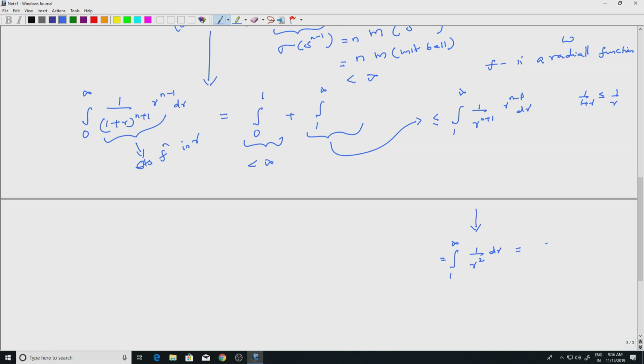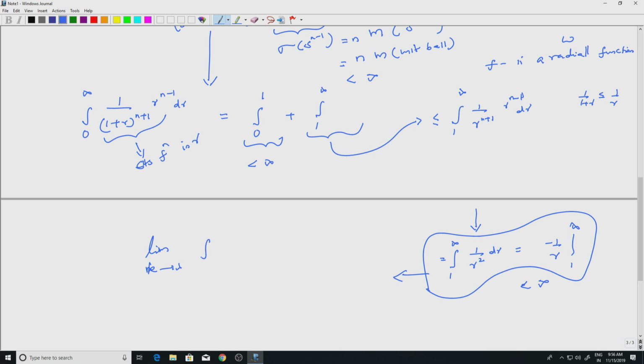So you can integrate this to be minus 1 by r from 1 to infinity, and this will give us some finite quantity. Well, you may want to justify this. This is something which we have done before. You can always write this as limit k going to infinity of integral 1 to k of 1 by r square dr, because this is a positive function. So by the monotone convergence theorem, this is exactly equal to integral 1 to infinity of 1 by r square dr, right, by MCT.